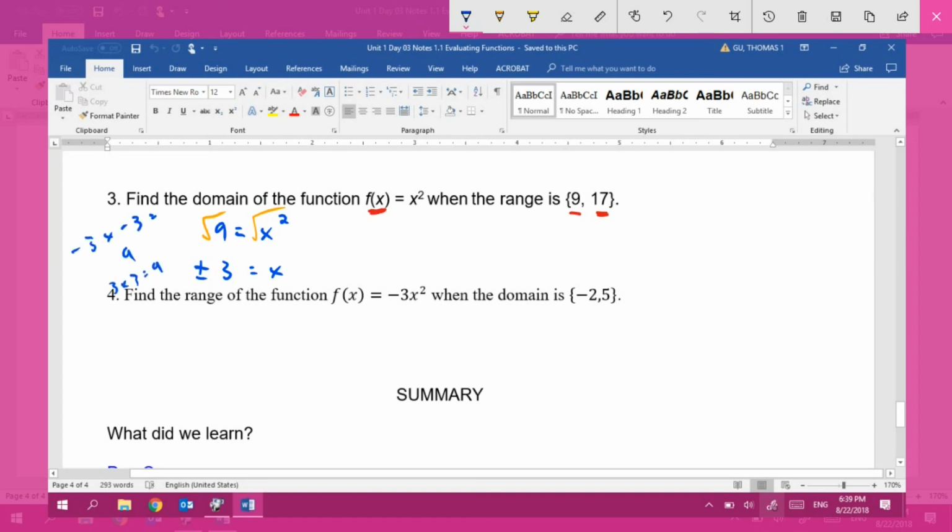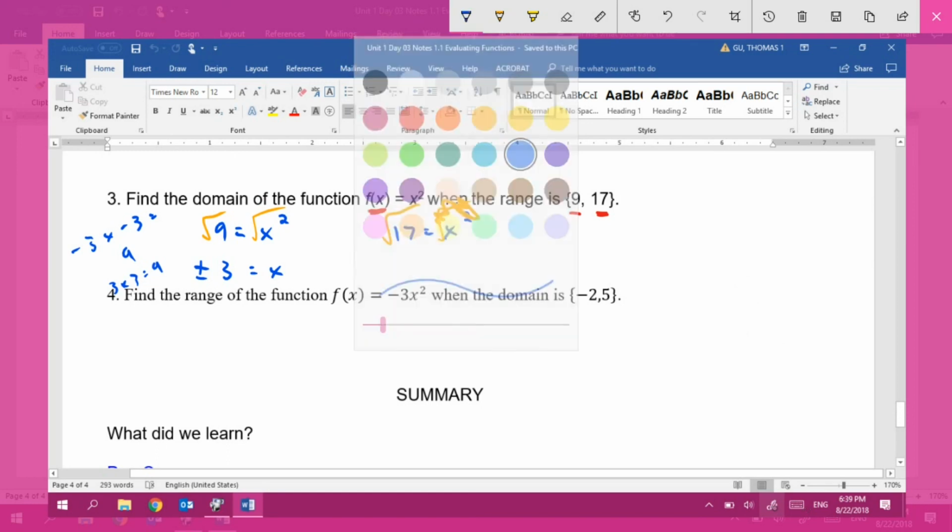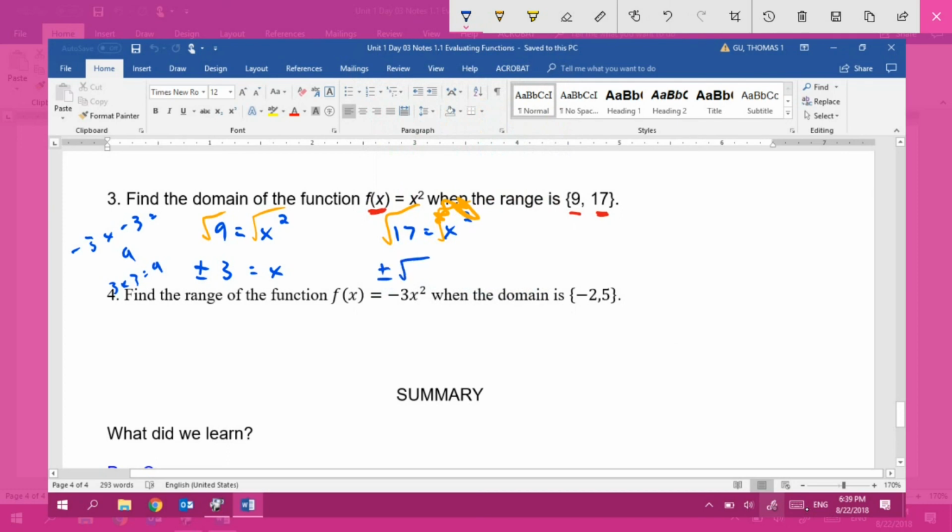Okay. All right, next let's take care of the 17. So let's substitute the 17 in for f of x. So 17 equals x squared. The same thing. We're going to take the square root on both sides to get rid of the squared. Boom. And that means that plus or minus the square root of 17 equals x.